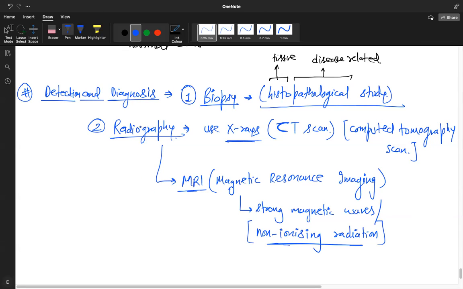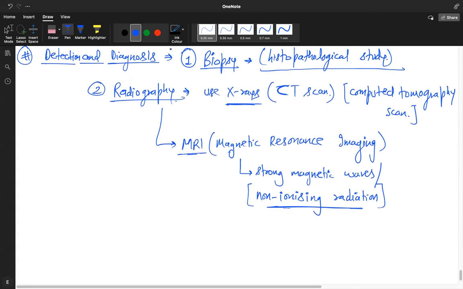So biopsy and radiography are the techniques by which you can detect cancer, as I said, that we use in biopsy also. Antibody staining you can also do, like for blood cancer, where you cannot see a tumor, right? Someone asked about, we were discussing blood cancer, right? So antibody staining against cancer specific antigens.